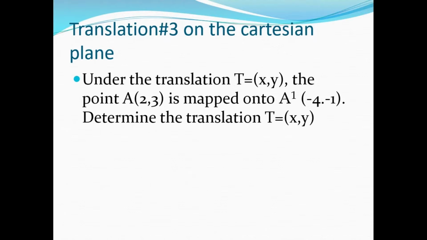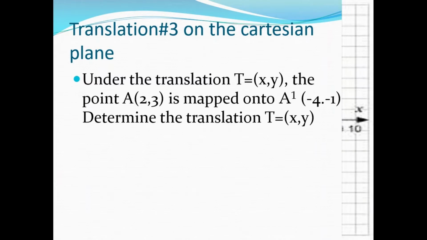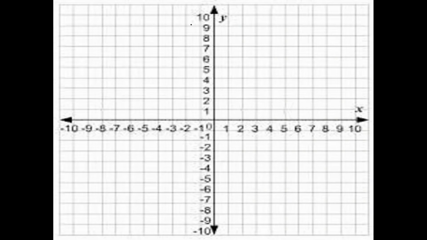Right. Third, so it says under translation T, right? Our transformation matrix T is equal to X and Y. The points A, 2, 3 are mapped onto A inverse, minus 4, 1. We're asked to determine the transformation matrix. So we are not given a transformation matrix.